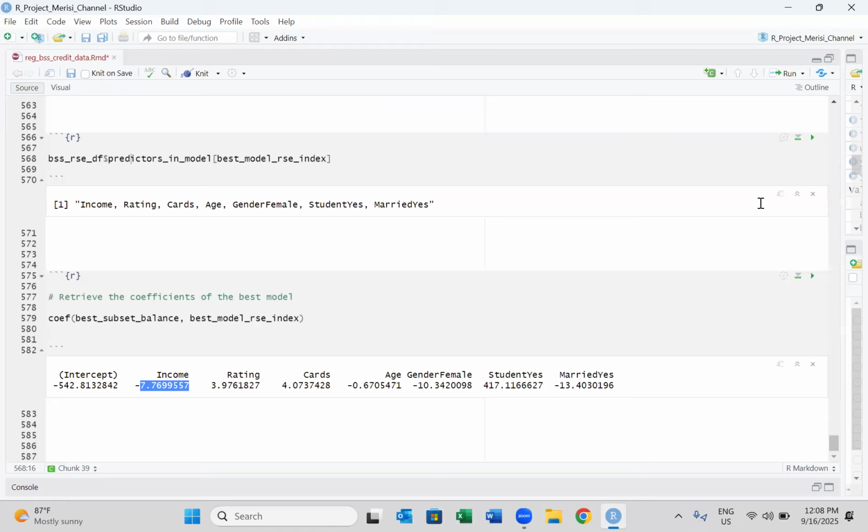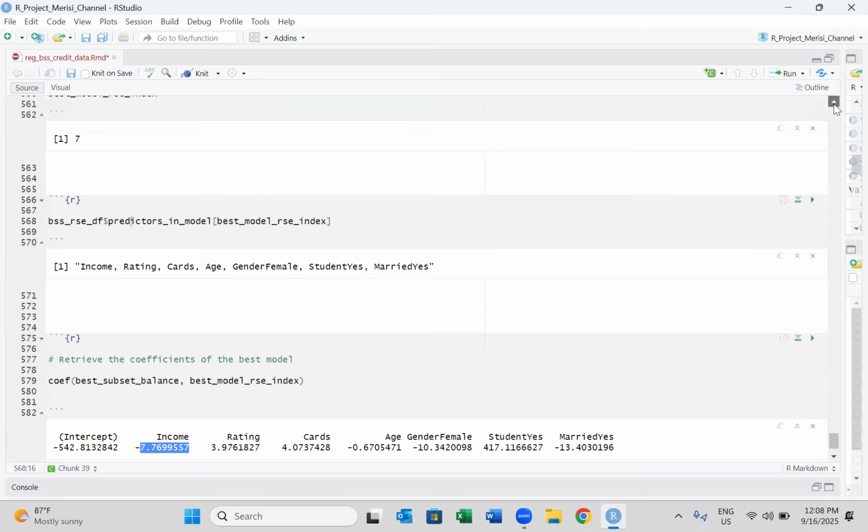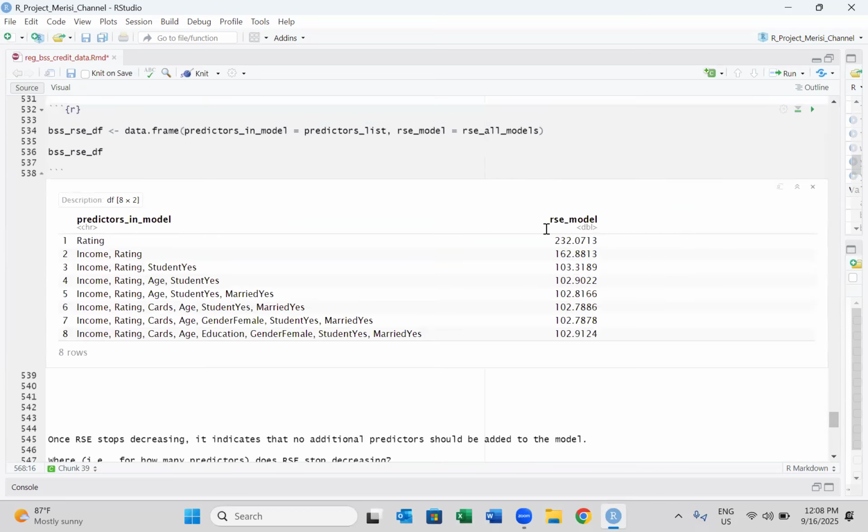I have actually done it. I have applied best subset selection with the non-naive approach, and the best equation is the one that includes these three predictors only: income, rating, and student yes, which makes sense.